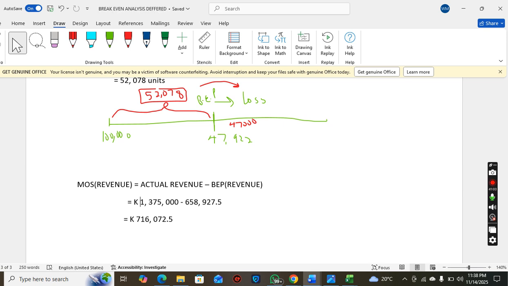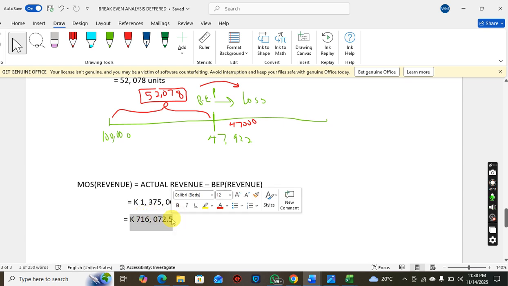Okay. Any questions? No. Okay. So the better way to interpret this is that sales shouldn't drop beyond this amount because you'll be in a loss.